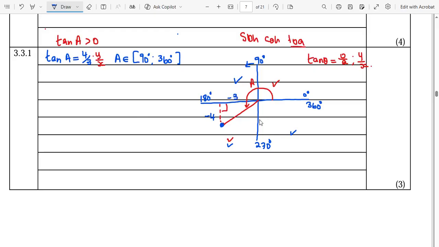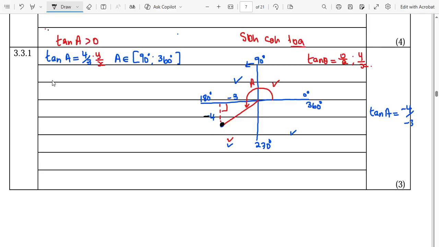Now it makes sense, because it's like saying tan A is minus 4 over minus 3, so the negatives cancel. They are trying to play with your mind here. Please don't fall for that trap. Make sure you open your eyes, and when you substitute, it's minus 4, not 4. The negative cancels, but they don't put the negatives there just to see if you know that in quadrant 3, the y and x values are negative.